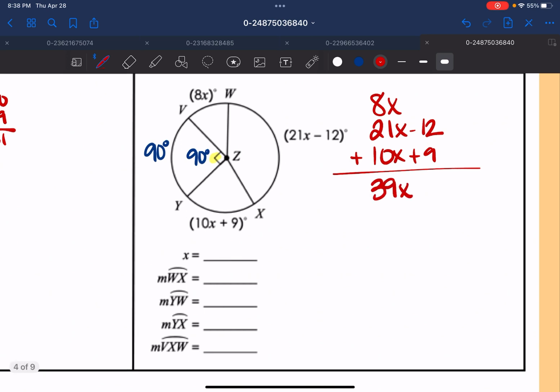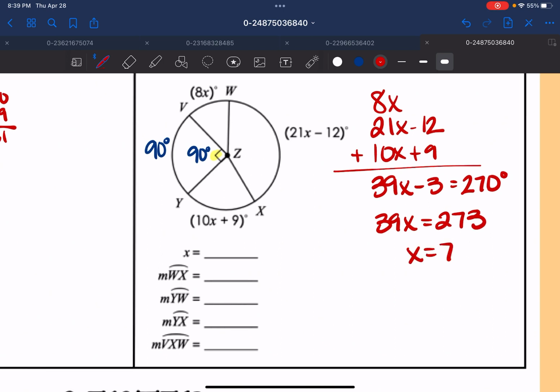Negative 12 plus 9 gives me negative 3. And we said a while ago that that's going to add up to 270 degrees because we're not including the 90 in that count. If we were to solve that equation, we would add 3. So 39x equals 273. Divide by 39, and x would equal 7.